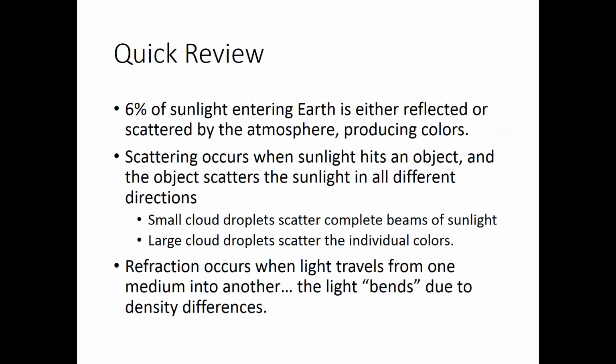And it happens because as visible light enters that water, if it enters at an angle, it bends. And then when it exits that water towards your eyes, it bends again. And so that distorts the view of it.